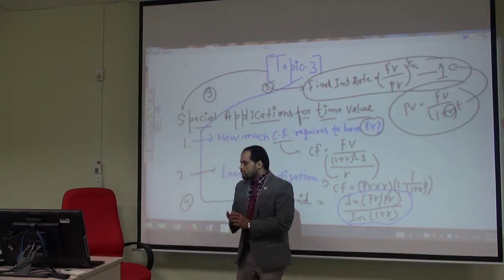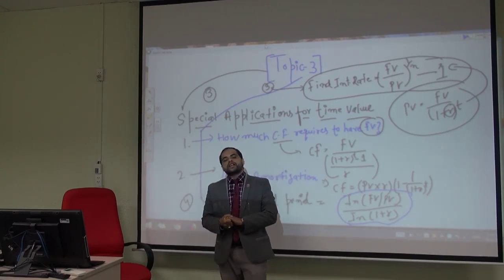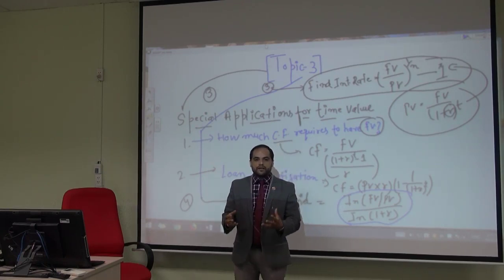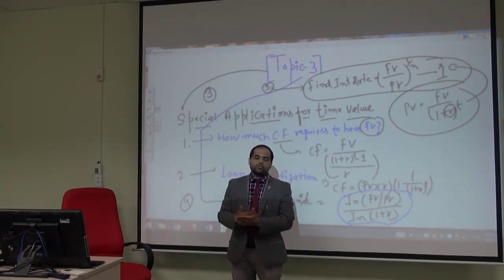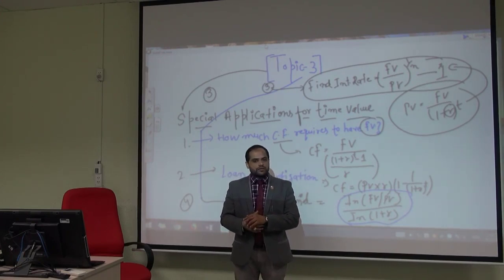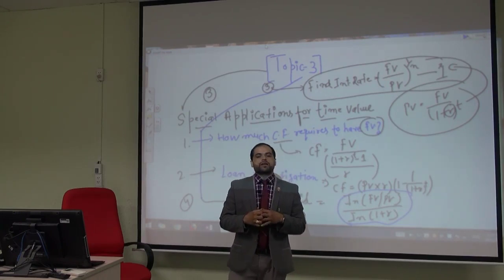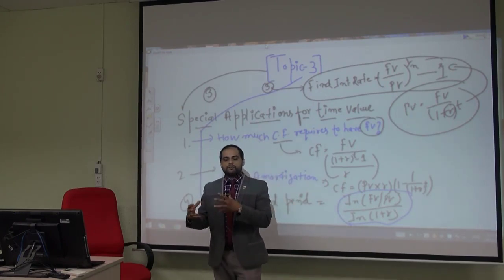Third, the cash flow is a perpetuity. Perpetuity means life is infinite, so the time period is not given. In these situations, we estimate only present value, because future value is related to time. And the last cash flow is mixed stream cash flows, which means unequal periodic payments.